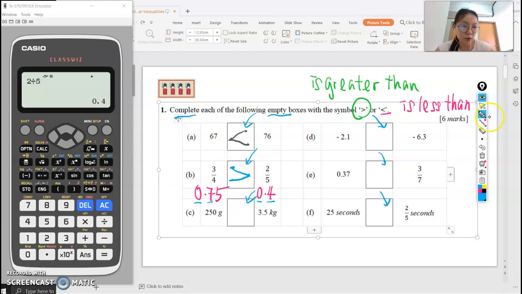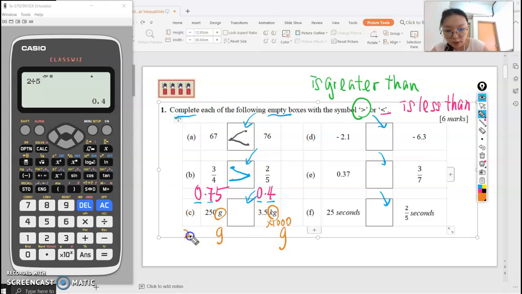Check number 3. Number 3, slightly tricky because there are units there, different units. So we change it to the same unit. So this stay as gram. Kg change to gram. Kg to gram times 1000.